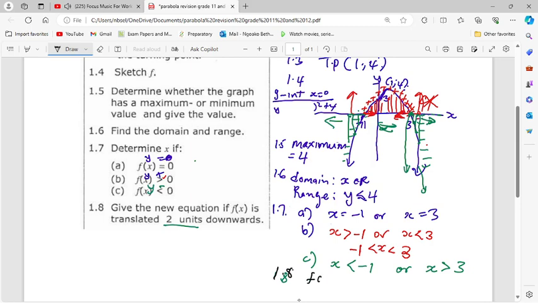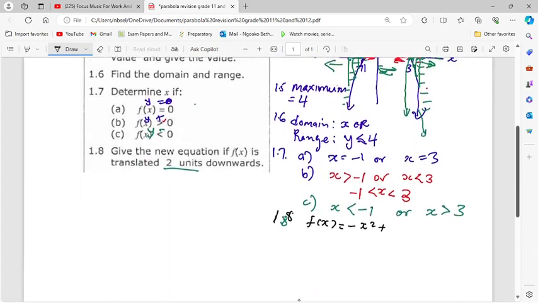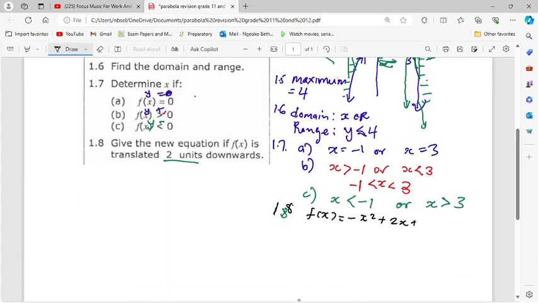Of course, we have f of x equals minus x squared plus 2x plus 3.